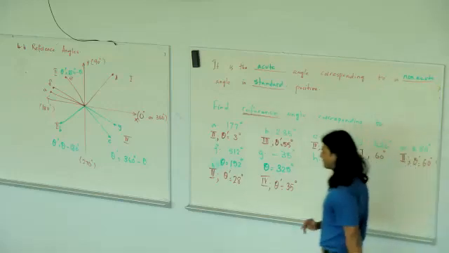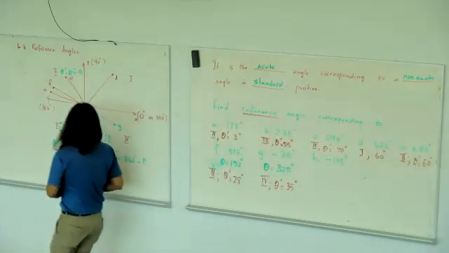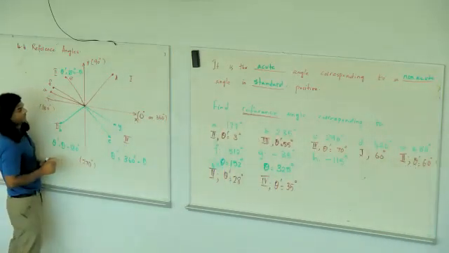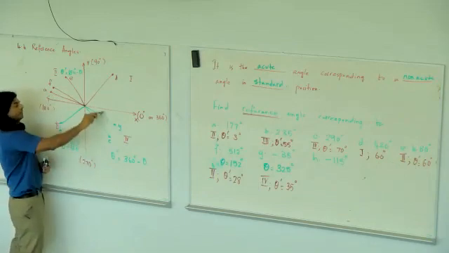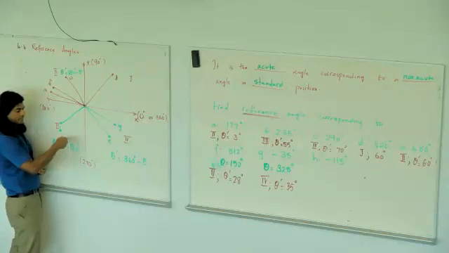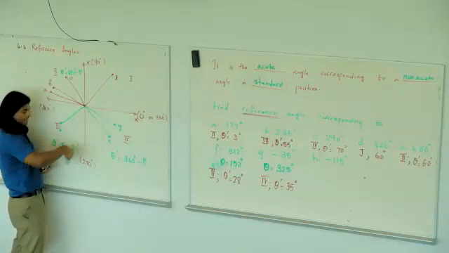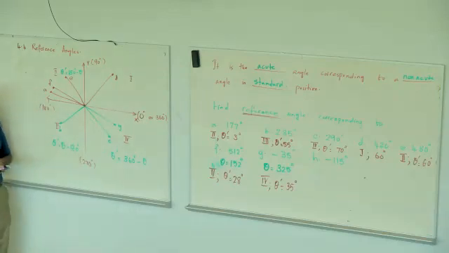Now, you have a negative angle. So negative 115, in this direction, 115 degrees in the clockwise direction. Which quadrant are you going to land in?